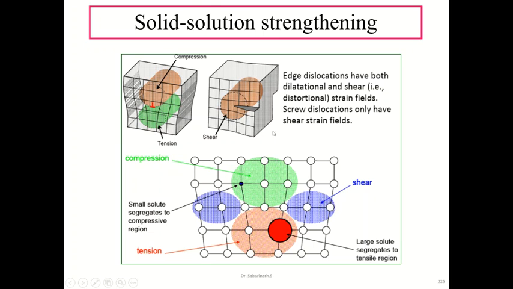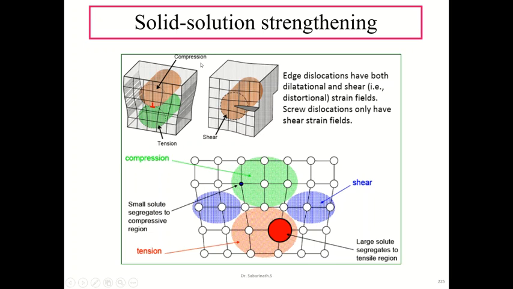Okay, from this figure you can see the difference between an edge dislocation and a screw dislocation. In edge dislocation, we will be having both dilational and shear strain fields. That is, we have distortional strain fields in edge dislocation.